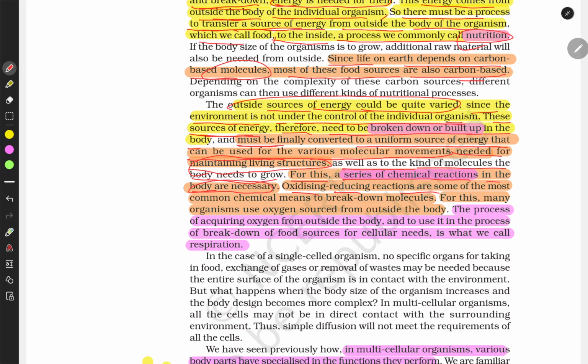Oxidizing and reducing reactions are some of the most common chemical means to break down molecules. For this, many organisms use oxygen sourced from outside the body, and the process of acquiring oxygen from outside the body and using it in breaking down the food sources for cellular needs is what we call respiration.